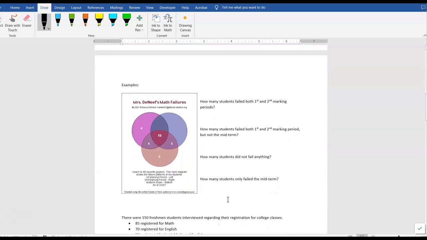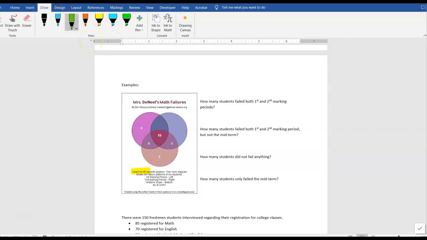So let's look at this first example here. Before we get into it, I really want to focus on what each one of these regions is telling us, or how many members are in each one of these regions. First off, there's a statement down here that this person teaches 95 7th graders.